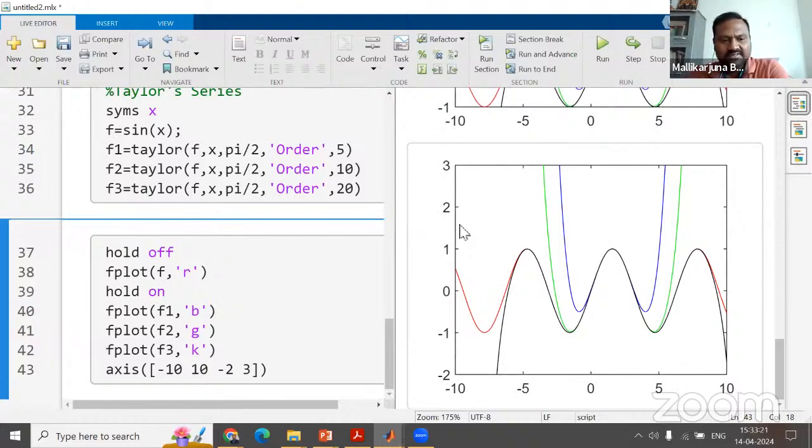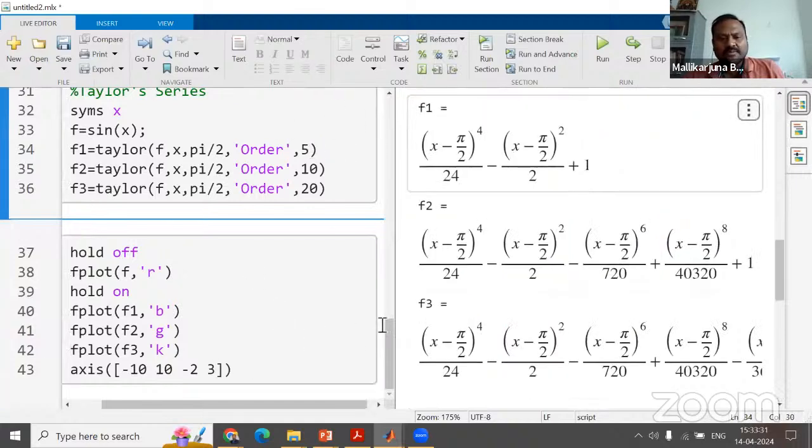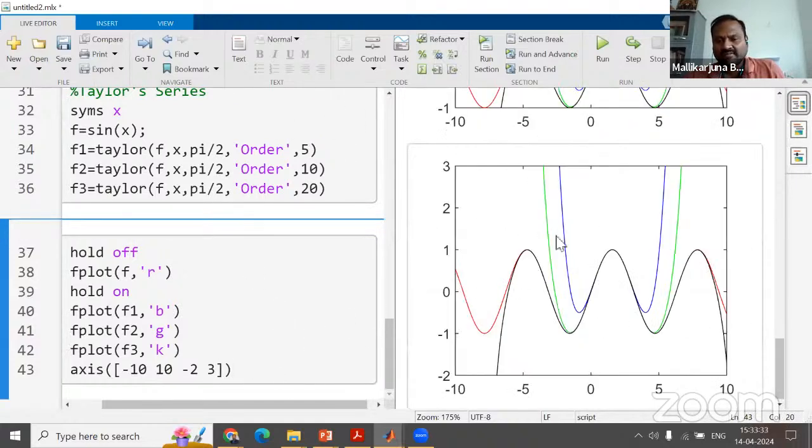So the red one is the perfect function. What is the exact function? Sin x. With the fifth order, the function will be the blue. So up to where it is correlating with the red curve.